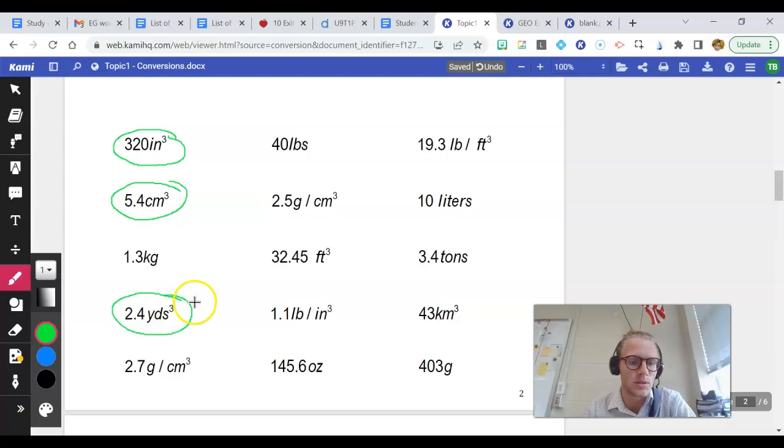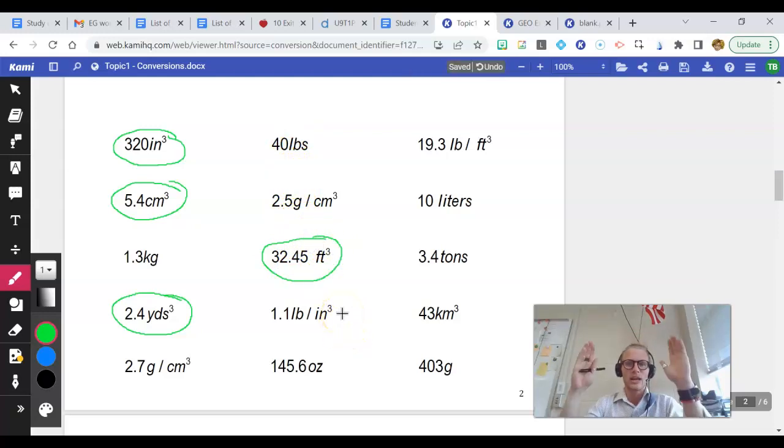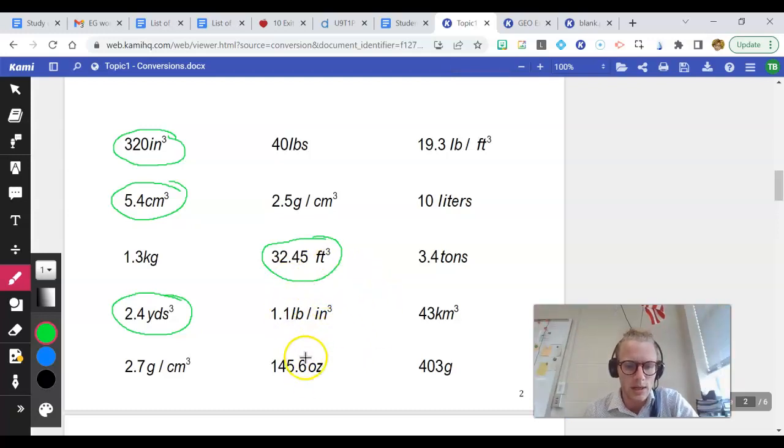Yards cubed. Let's see. We'll come down this column here. This one is feet cubed. Cubic feet. If you imagine a foot by a foot by a foot cube, and you were to stack all those up, that would be a cubic foot. Ounces.